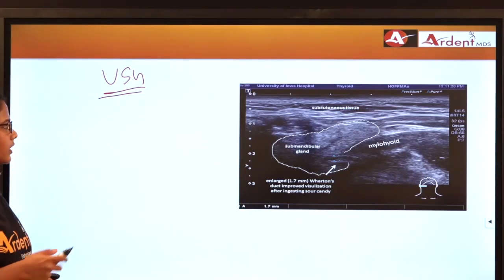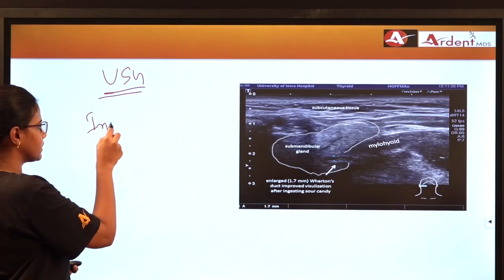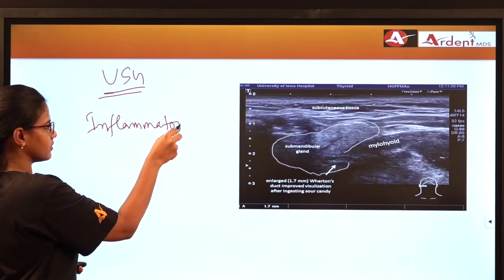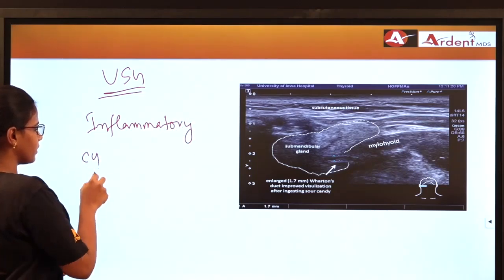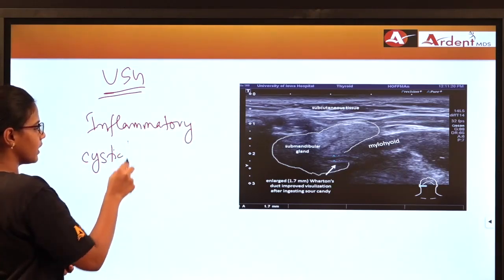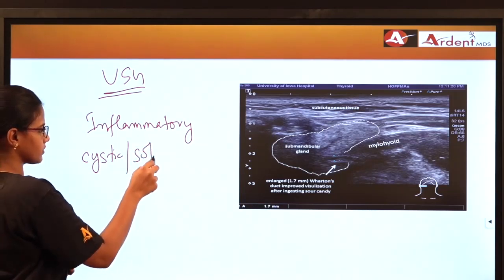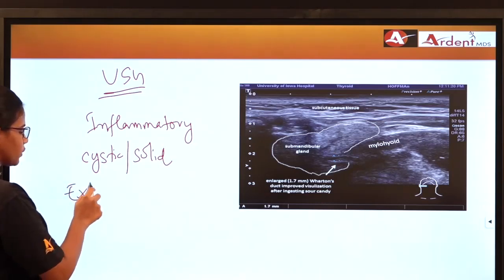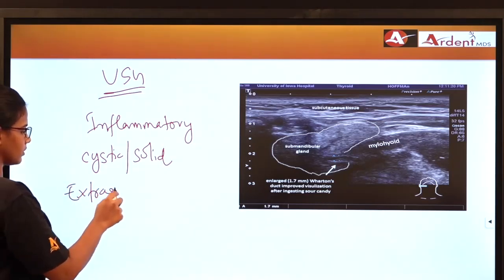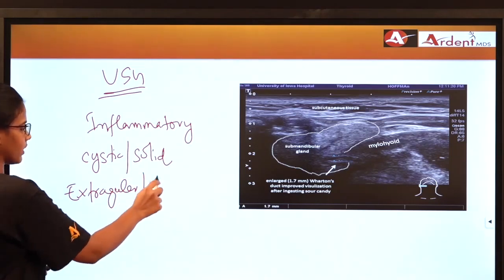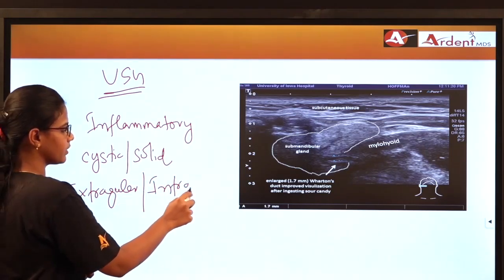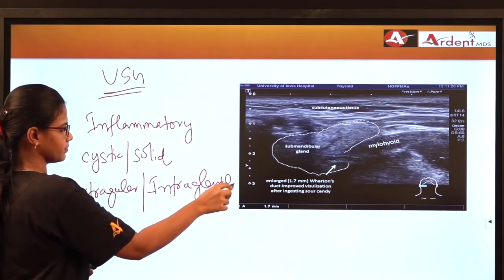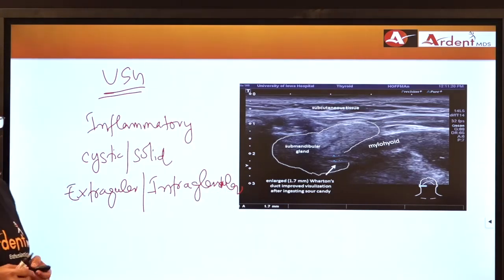With USG we can see the inflammatory diseases, and we can also distinguish between cystic and solid disorders, and extraglandular or intraglandular diseases can be determined through a USG. So these are the indications to do a USG.